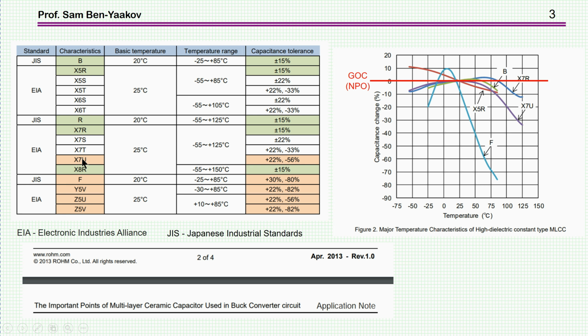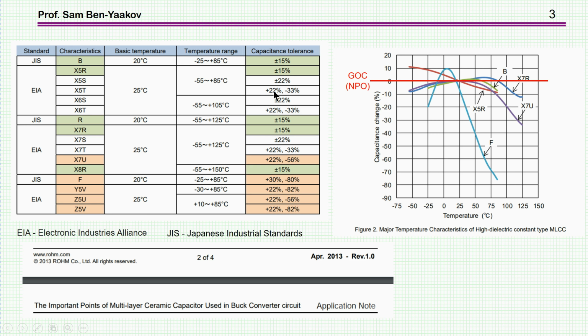This table stresses the point of temperature, and I should say that in many cases, a designer looks primarily at this data. That is, how much the capacitor changes over the operating temperature. This is the operating temperature of this particular capacitor, and here is the change.